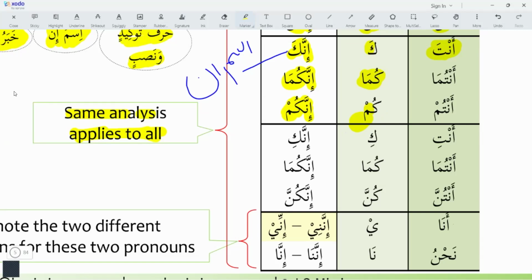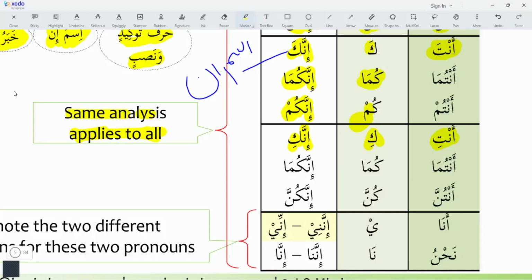Anti for muannas, second person singular, anti. Attached pronoun is ki. After using inna, it becomes innaki. And this ki is ismu inna.